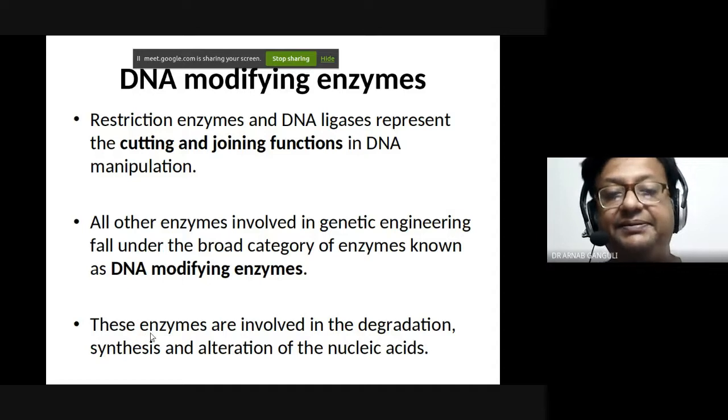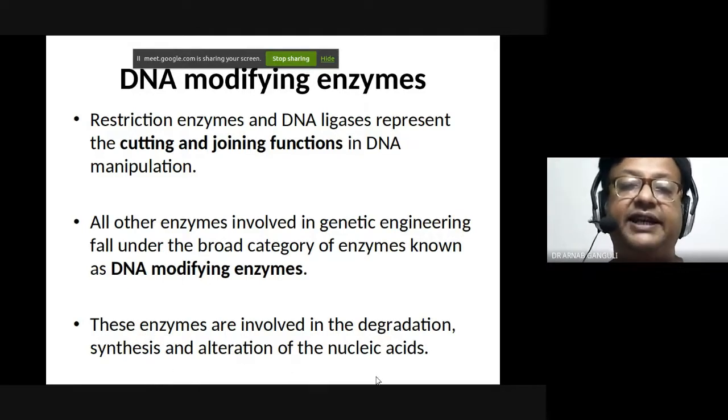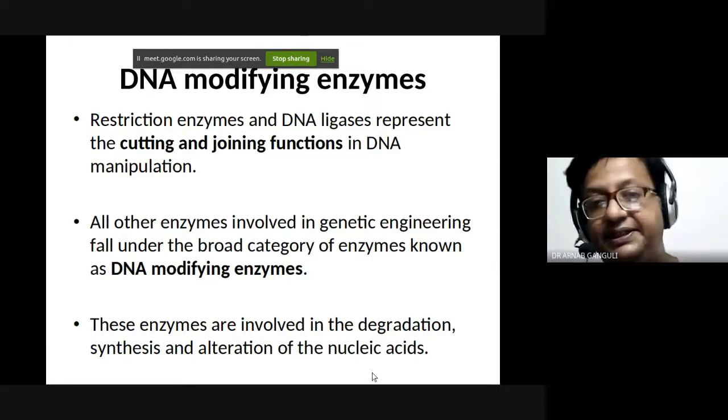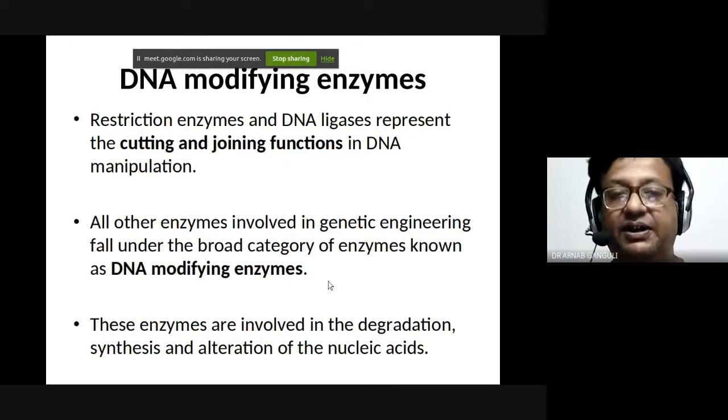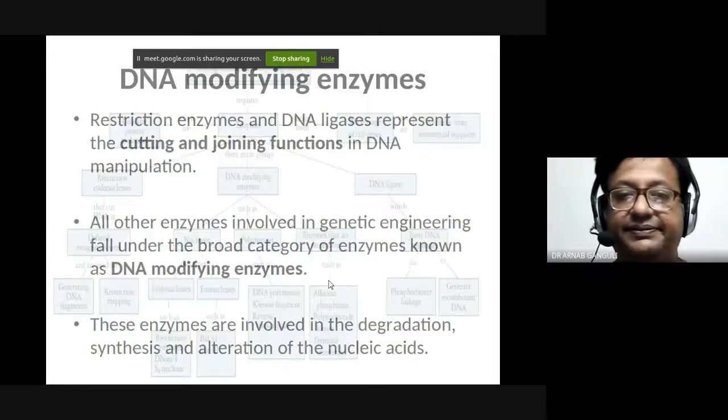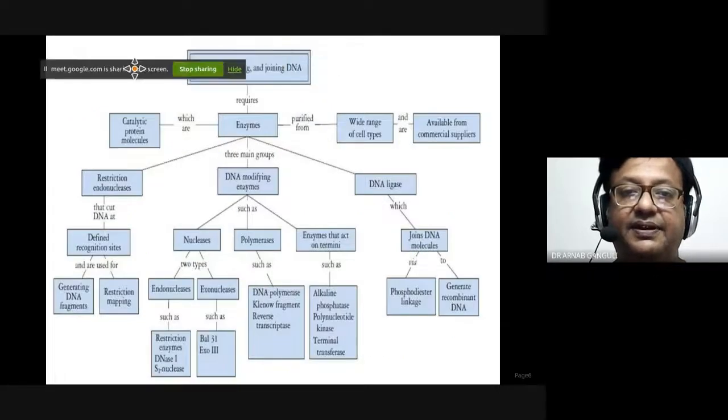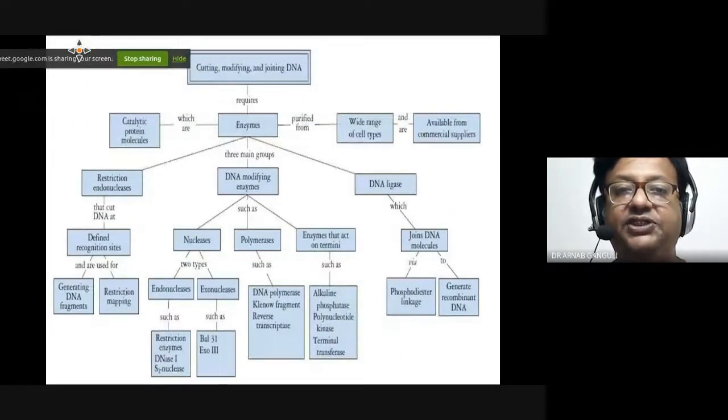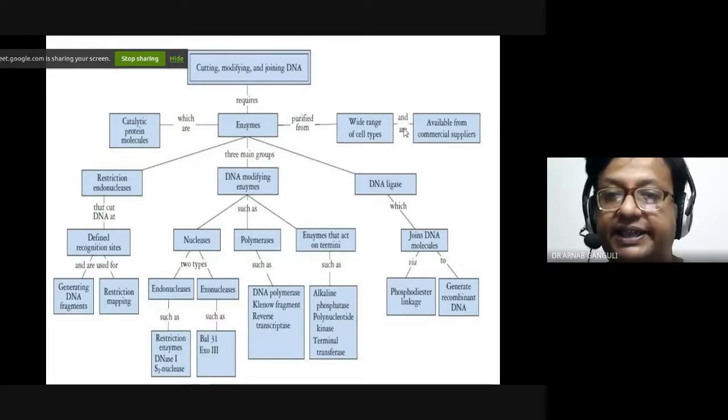These enzymes are involved in the degradation, synthesis, and alteration of nucleic acid for cutting and pasting, and eventually cloning. Cutting, modifying, and joining DNA requires catalytic protein molecules, which are enzymes purified from different types of cells, and they are available from commercial suppliers.